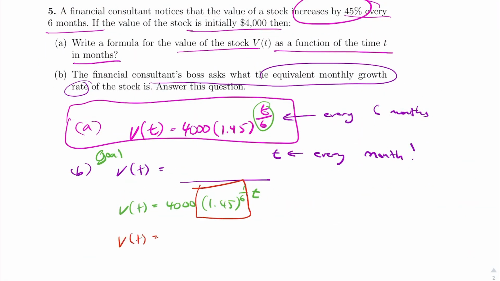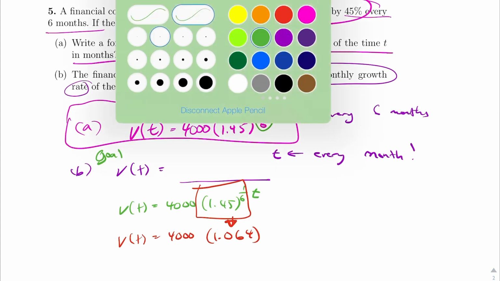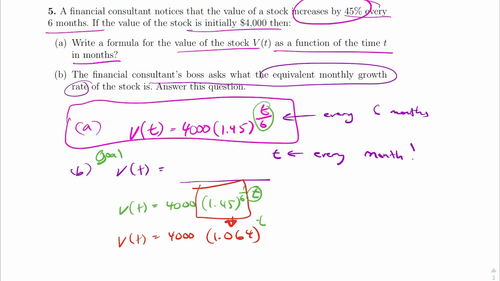V of t is equal to 4,000 times 1.064, because this red part is 1.064. And the only power that's left is t, so to the tth power. So it looks like every month, because now this is an every month formula, every month the stock grows by 6.4%. And this is a little counterintuitive, because every 6 months it grows by 45%.